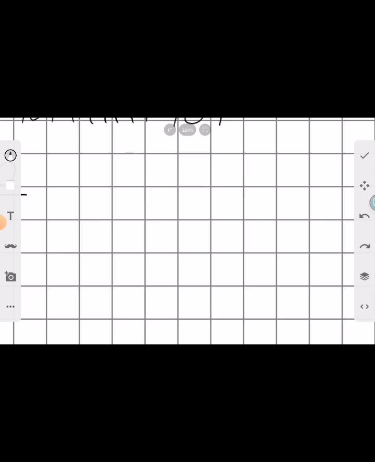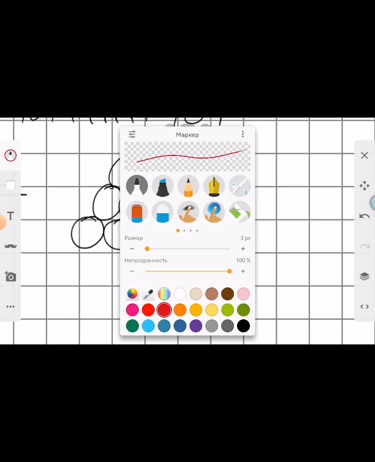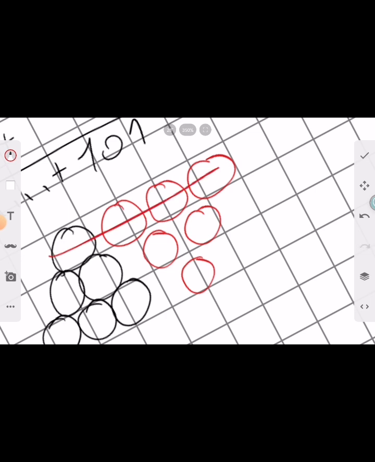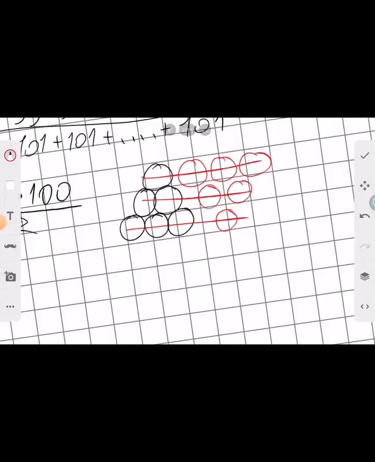Because if we get a triangle of, let's say, 3 rows, we can just flip it and add it here to see how it all becomes 4 and 4 and 4.